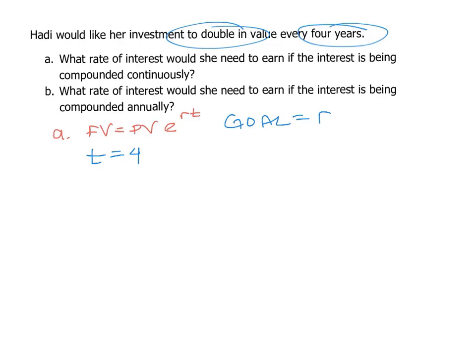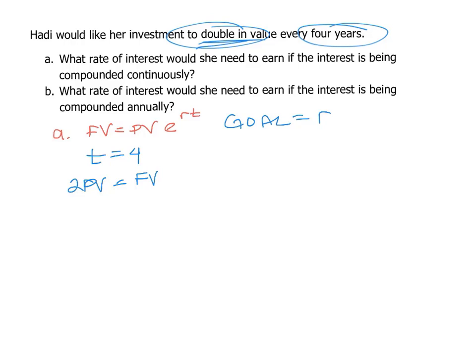Our goal is our R. Notice they didn't tell us how much we start with. We don't know if we start with 1,000 or 5,000. It doesn't actually matter, because if we start out with a present value of whatever it is, we're looking for doubling. So our future value is going to be 2 times our present value.